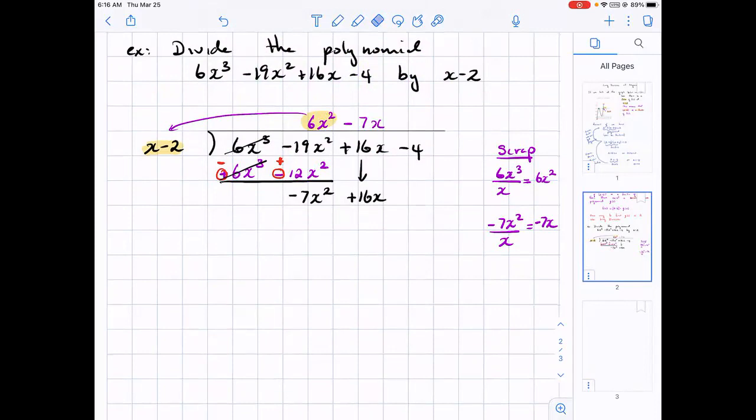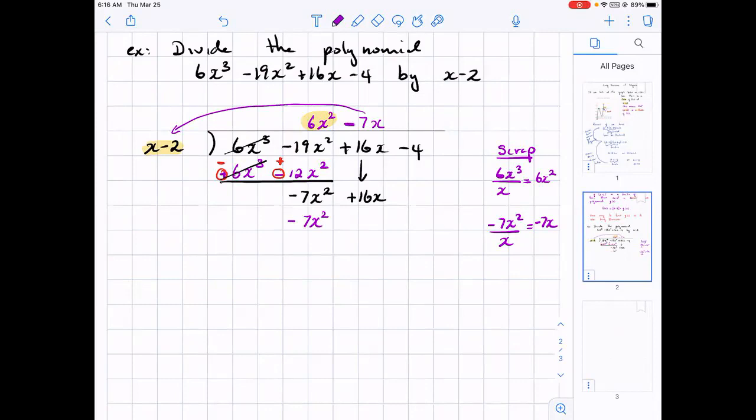And what we do, we now multiply the minus 7x by all of this. And if I multiply that, minus 7x times x becomes minus 7x squared.